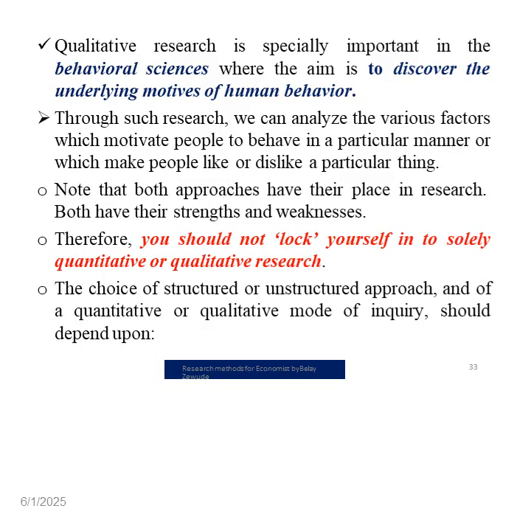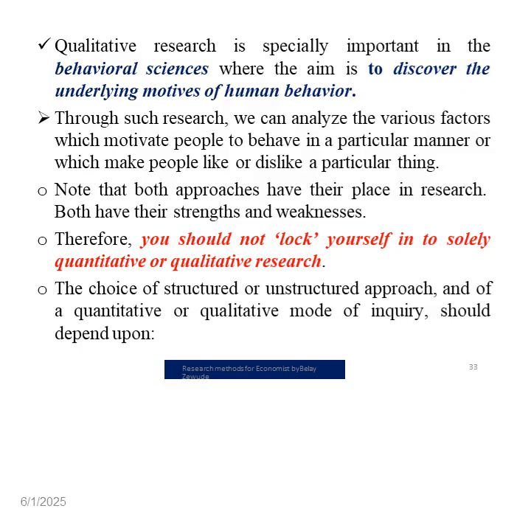the qualitative research is especially important in behavioral science, where the aim is to discover the underlying motive of human behavior. To study the behavior of an individual, you cannot explain in terms of quantity, rather you can explain qualitatively. You cannot measure the behavior of an individual, but you can say bad behavior or other behavior.